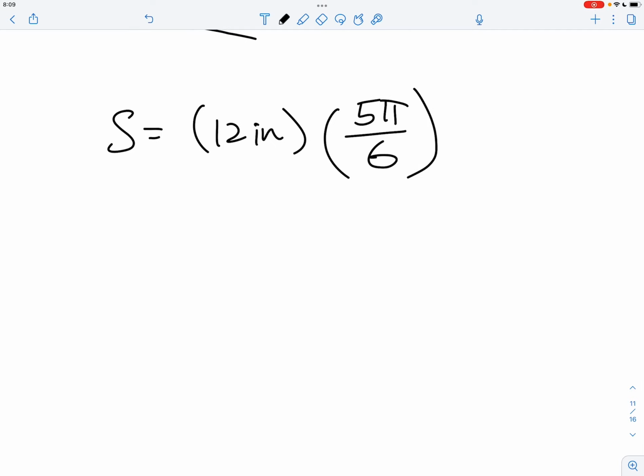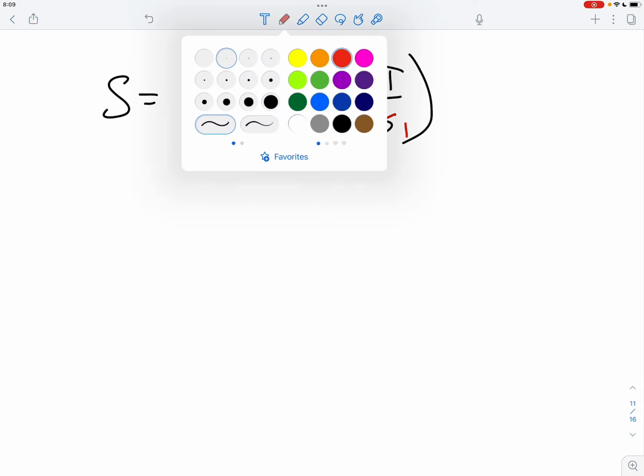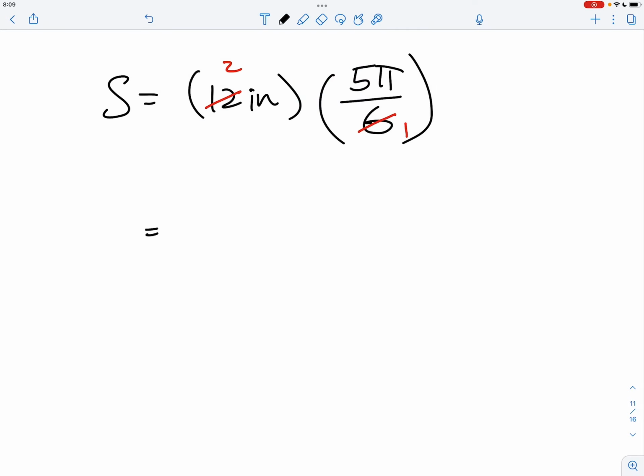Is there anything wrong if you multiply and then simplify? Nothing wrong officially, it's just not very wise. Why would you want to bring a number greater before you bring it down? It's a lot easier to simplify first so that you can handle smaller numbers. So S is simply 10 pi inches.